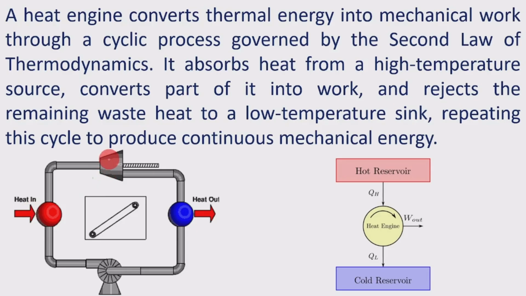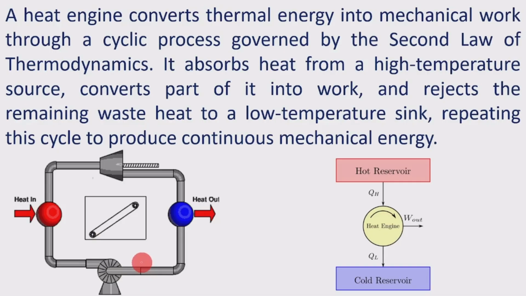There the working fluid acts to convert that heat energy into mechanical work, the mechanical shaft power we are going to get, and the remaining heat will be rejected as heat out. For the flow of this working fluid in the system, some pumps or other systems are used.